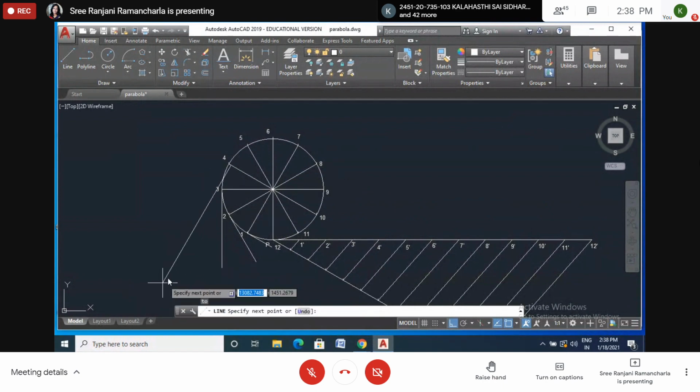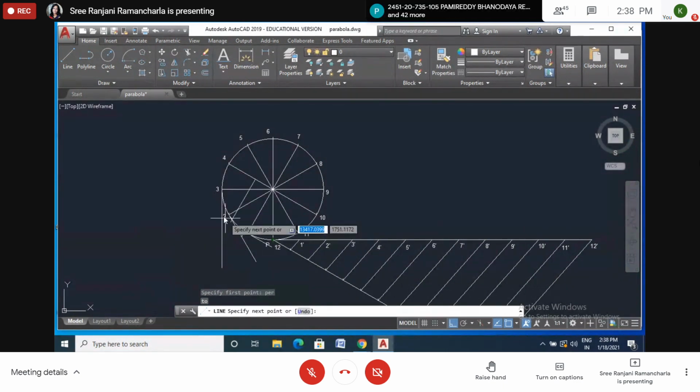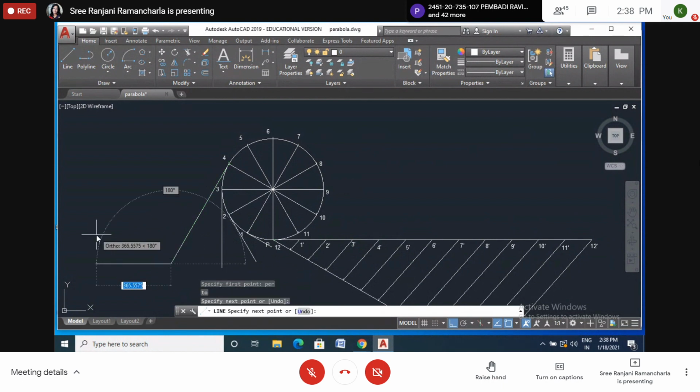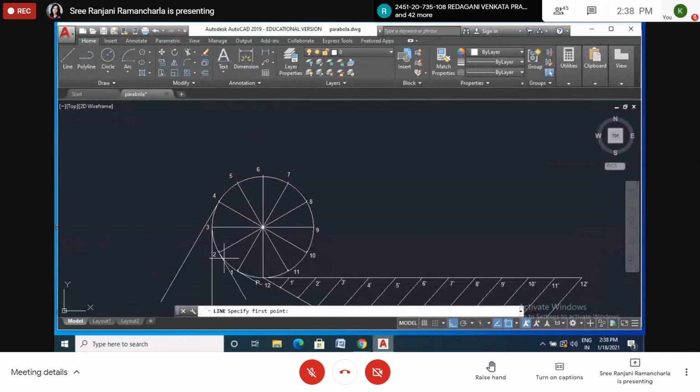When you are unwinding, from P2, how much will be the length? That much length approximately I have to draw. Like this, see here. Similarly from 5 also, 5 times.